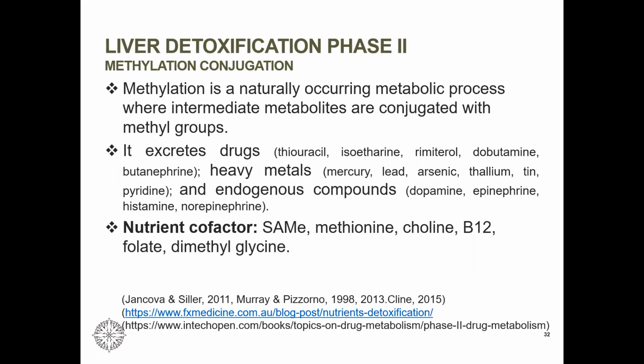So how do you support their liver? By upregulating the methylation conjugation. And how do you do it? By giving a few dietary or supplemental forms of methionine, folate or choline. These are all methyl donors. And how this pathway works, we will discuss in session 8.